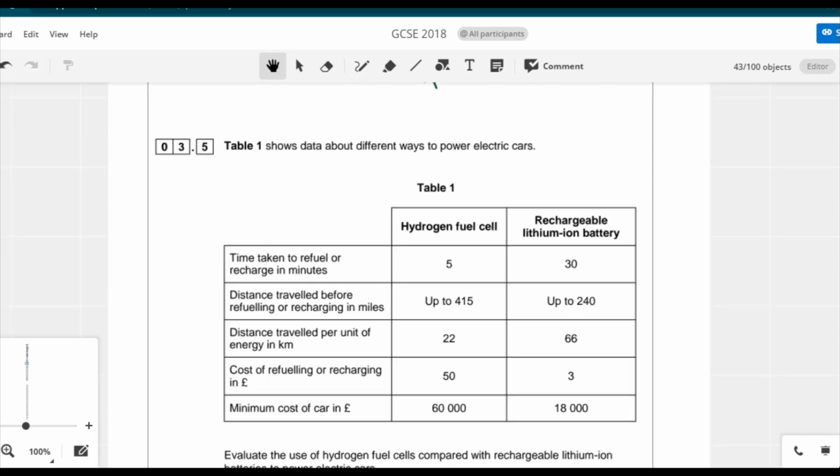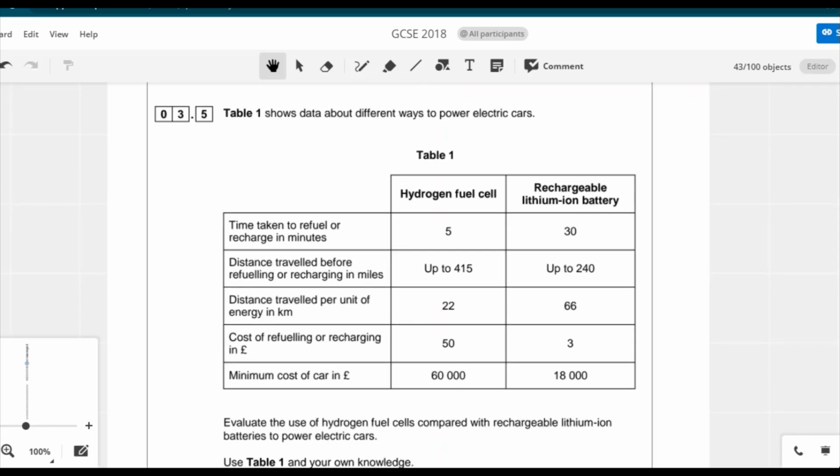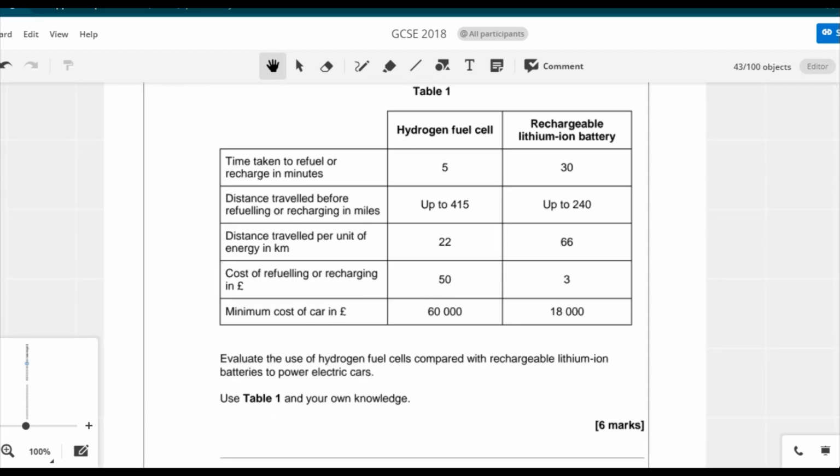Table 1 shows the data about different ways of powering electric cars. For the hydrogen fuel cell and the rechargeable lithium ion battery, there is the time taken to refuel or recharge in minutes. Here we can compare the two, and also compare the distance traveled before refueling or recharging in miles, and so on.